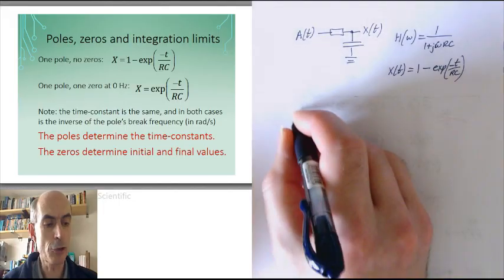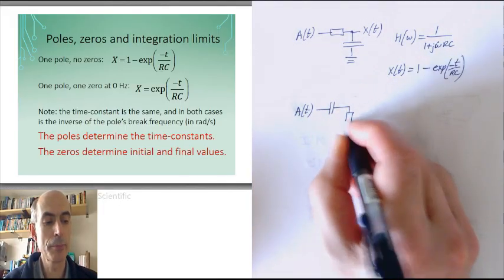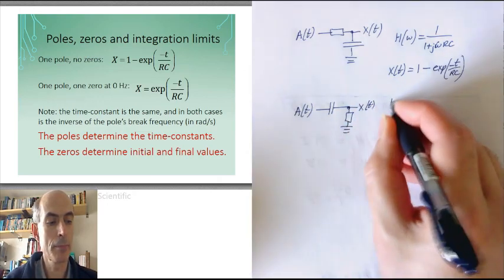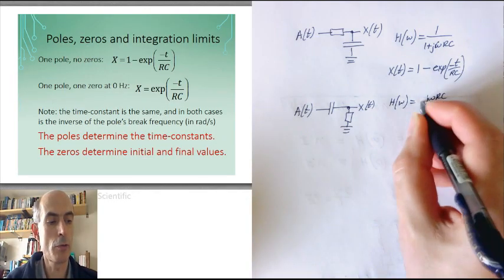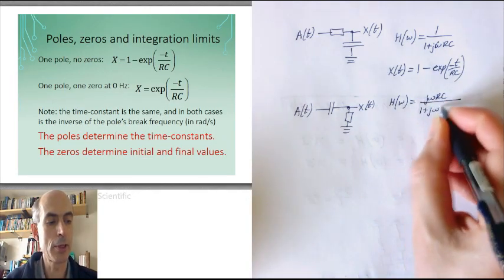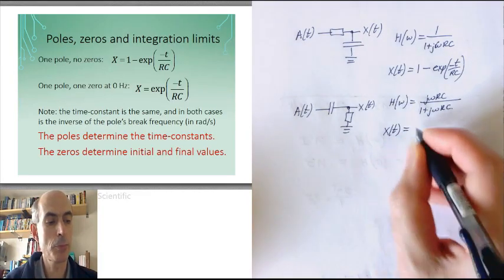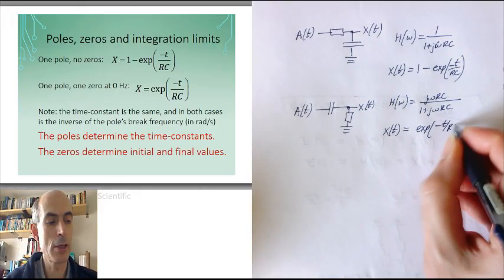For the other case we've looked at previously, where the components were the other way round, then the frequency response is j omega RC over 1 plus j omega RC. And the step response is just exp of minus t over RC in this case.